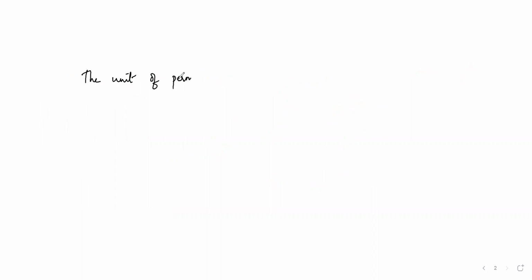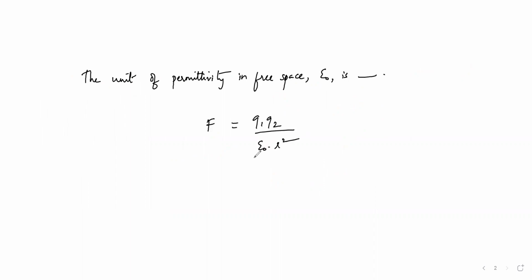Right, the unit of permittivity in free space, epsilon naught, is dash. Unit of permittivity: force is q1 q2 by epsilon naught r square. Epsilon naught will be equal to q1 q2 by F r square.